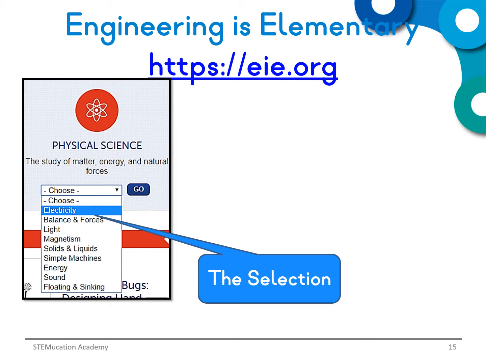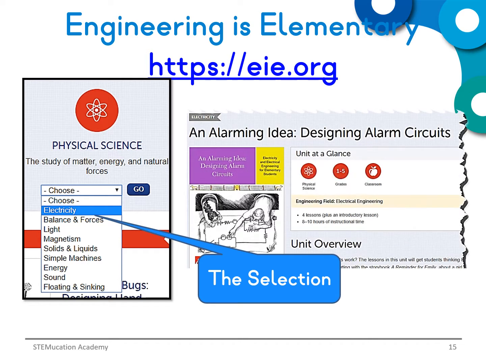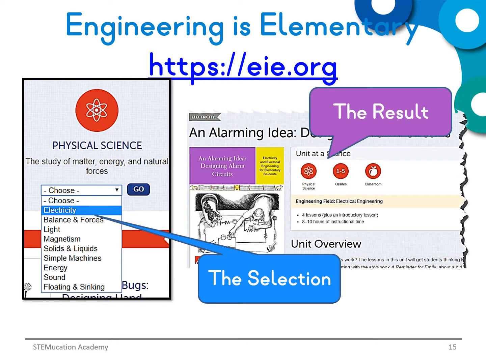We then selected electricity under physical science and pressed the Go button. A number of lessons were then illustrated. Material kits can be purchased on this website, or the materials list is provided if you'd like to purchase your own materials. If you're simply looking for ideas for your elementary classroom, this is a great site to visit.